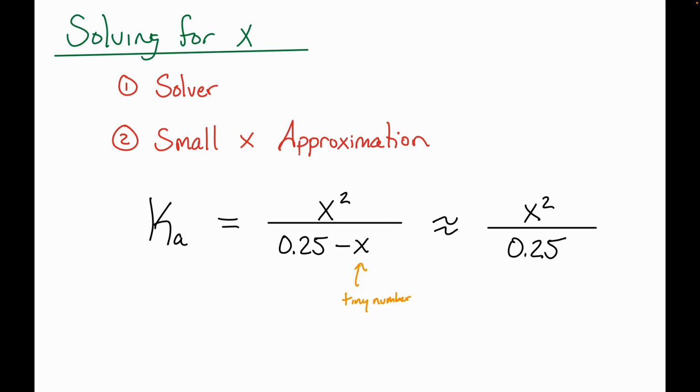So our equilibrium expression here will simplify to simply x squared over that initial concentration. This teeny tiny number doesn't change the value of the denominator very much, so I'm just going to ignore it.